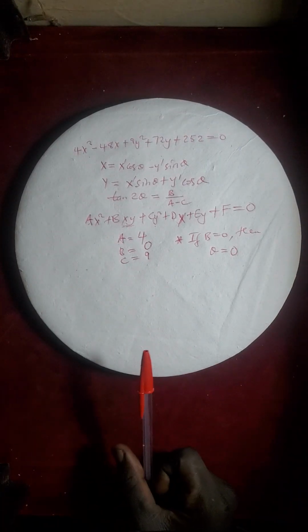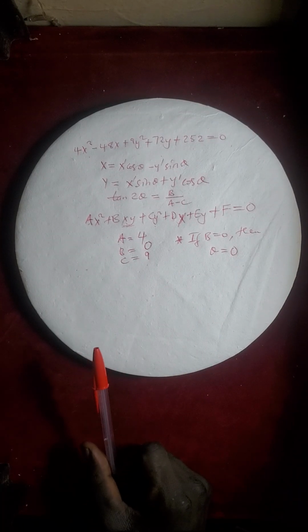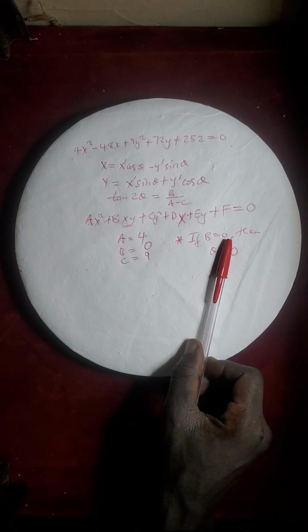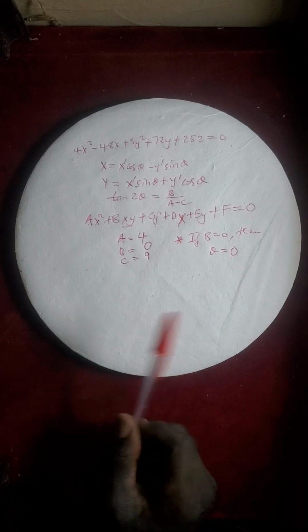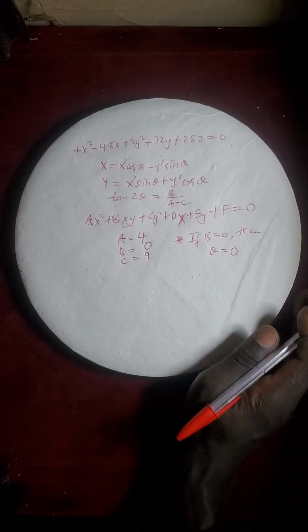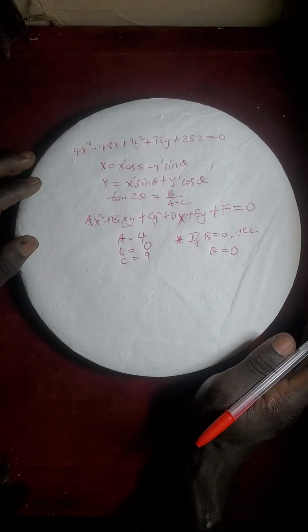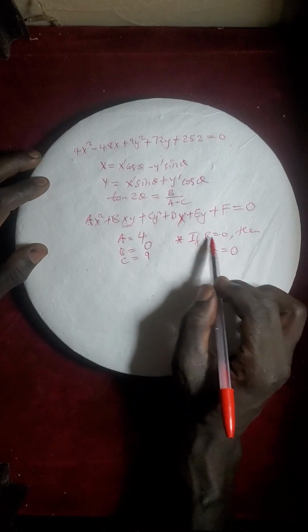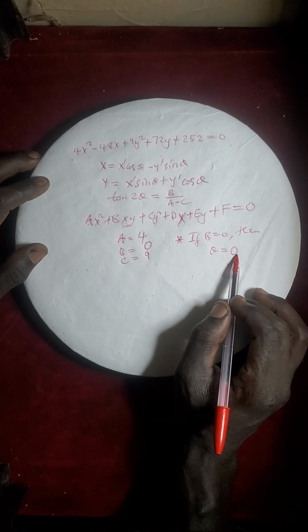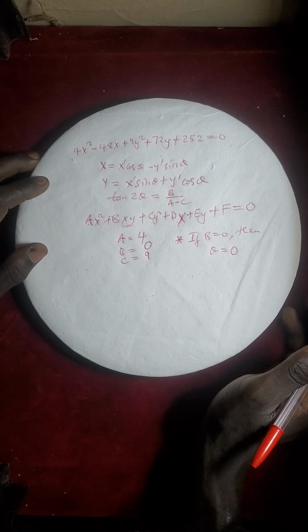That's what I want you to remember. If b is 0, then theta is also 0. As long as b is 0, then theta is automatically 0. Hopefully that one is clear.